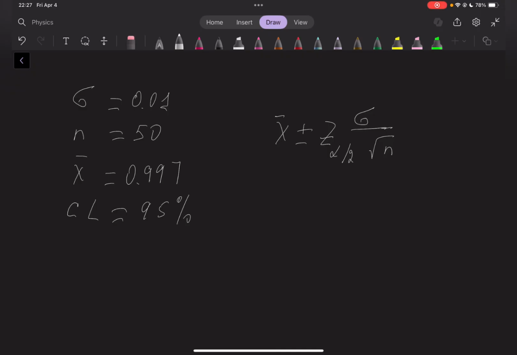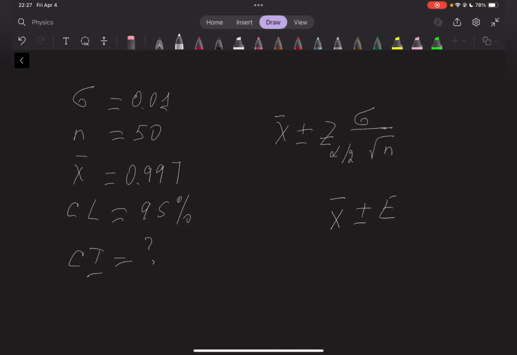So we need to construct a 95% confidence interval estimate for the population mean amount of water in a 1 gallon bottle. So the confidence interval consists of the average of the sample, plus minus margin of error.